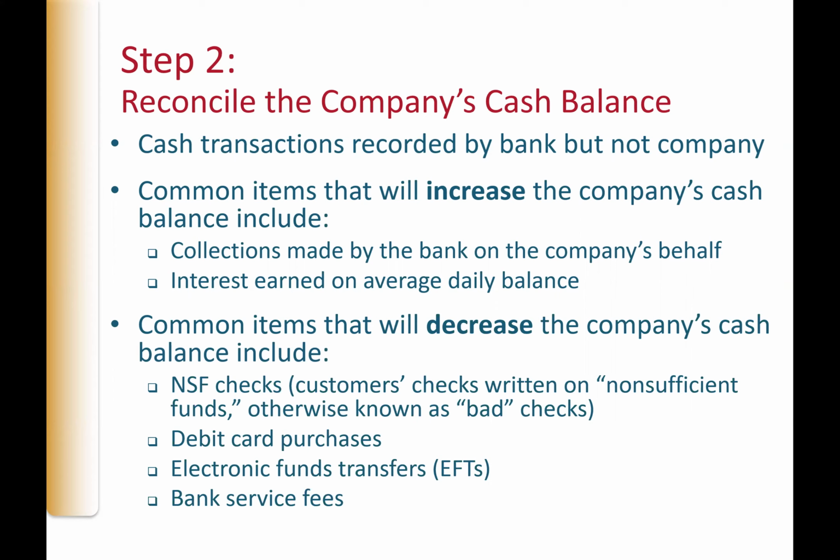Items the bank would show that decrease the company's cash balance would be NSF checks, checks that were given to be deposited by the company, but then didn't have enough funds, which we call bad checks. So they come back through the bank as NSFs. Debit card purchases may show with the bank, but not yet the company. Electronic funds transfers and bank service fees.